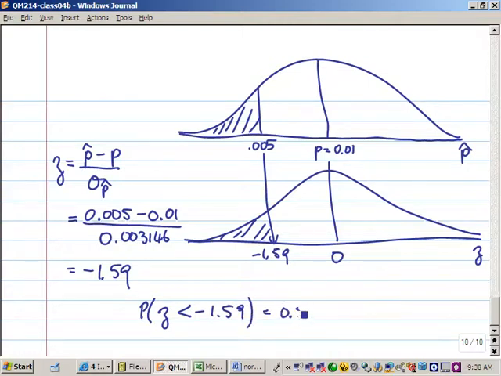Yet again, it's an area in the tail, as you'll see with most of these. Not all of them, but most. So it's a half minus the area in the table from minus 1.59 through 0.